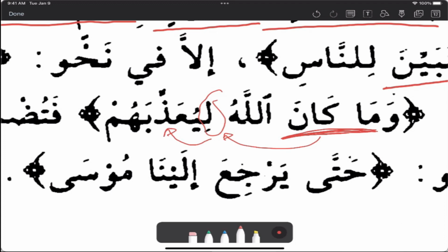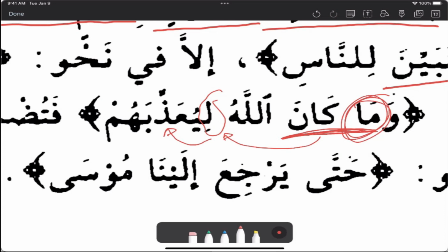You can say ma kuntu, I was not. Ma kuntu li af'ala hadha, I would never do that. That's what that lam is there. Lamul juhud, the lam of denial. I usually translate it as never to emphasize, because it's for emphasizing the negation. The negation's already there. Ma, there's the negation. وَمَا كَانَ اللَّهُ لِيُعَذِّبَهُم.